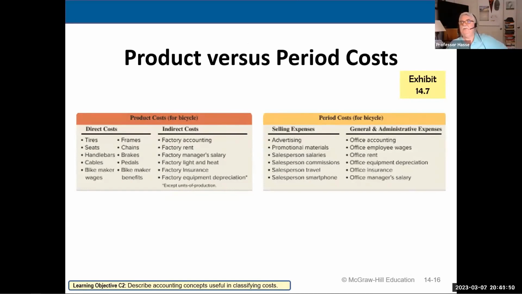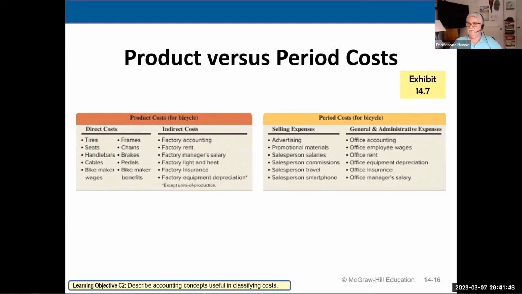Those are all product costs because they're associated with your product. When all of you become vice presidents and CEOs of your organizations, you're going to have to have managers that give you managerial accounting information. All right, what does it cost us to produce our product versus what are our period or administrative costs? We got to manage those. We got to put those on budgets. That's what this work is all about.